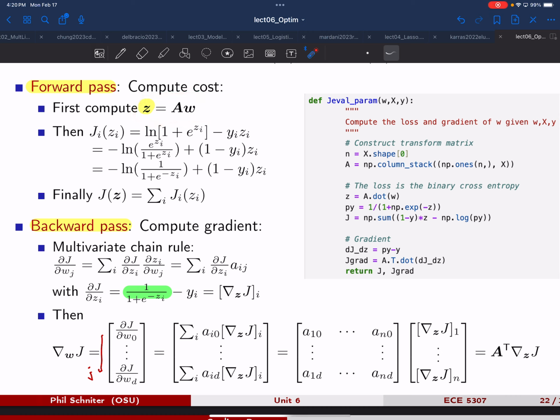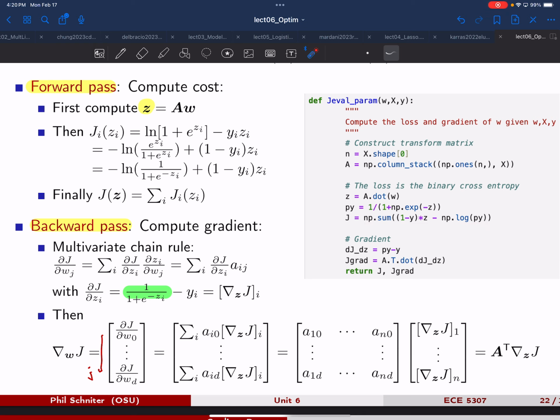Then we compute the vector of these terms. We do this with NumPy broadcasting, so we can do that like this. And then finally, we can compute this just by summing. This is just implementing this, again using NumPy broadcasting.